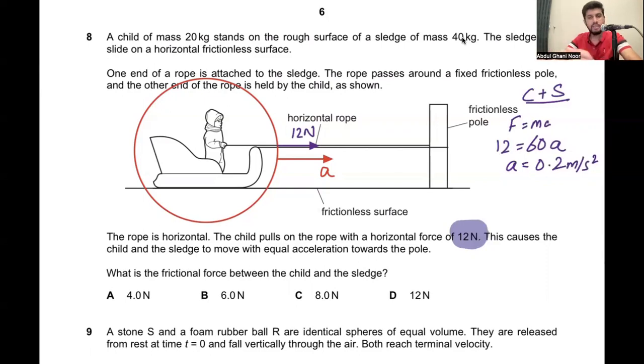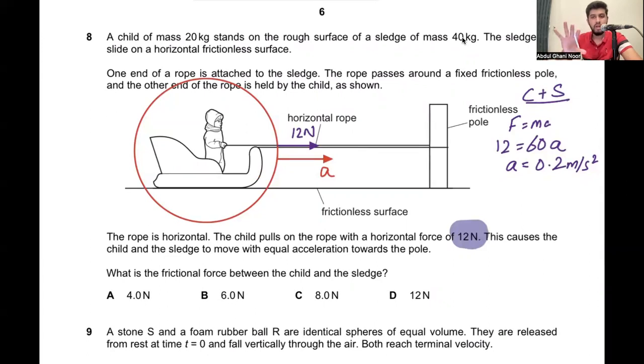As far as the child is concerned, why does the child move forward? The child moves forward because of the friction between the child and the sledge. The sledge slides forward, and the friction between the child and the sledge is what basically drags the child forward. That's the only force acting on the child.